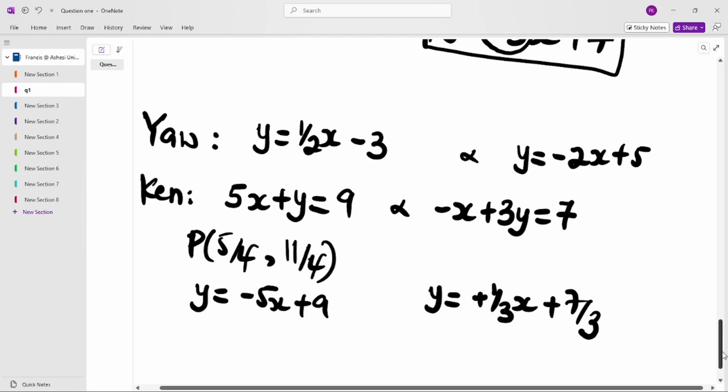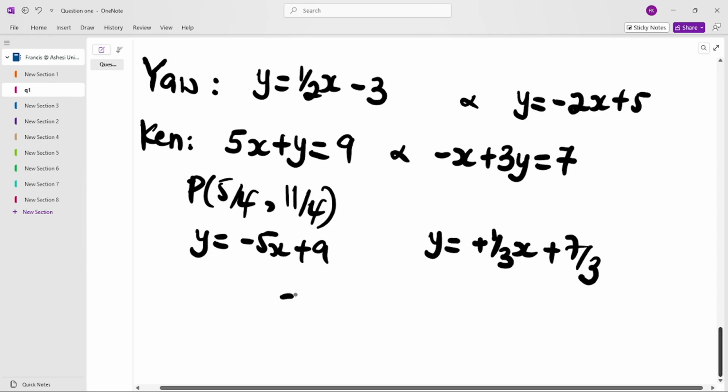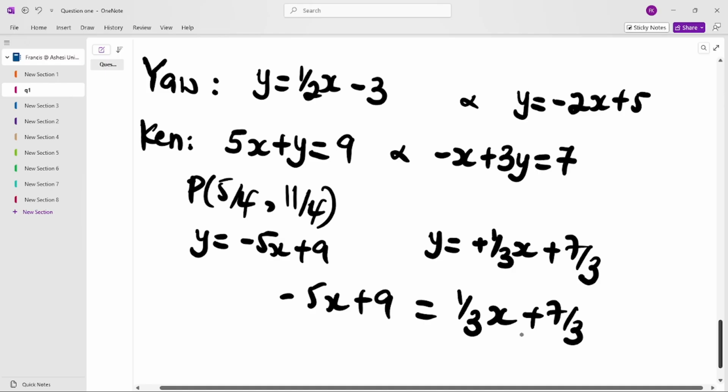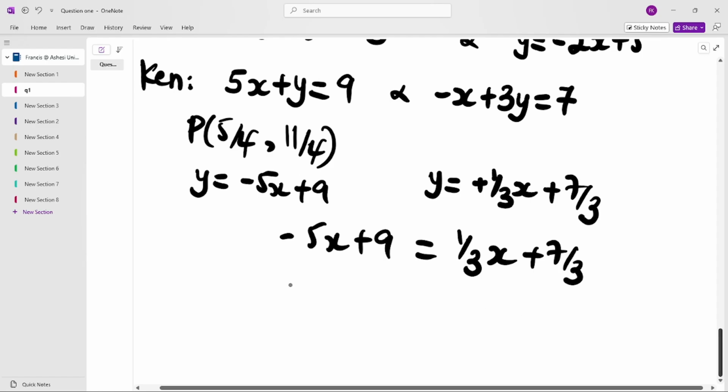If you equate these two sides, negative 5x plus 9 will be equal to 1 over 3x plus 7 over 3. Then we are trying to find negative 5x minus 1 over 3x equal to 7 over 3 minus 9.